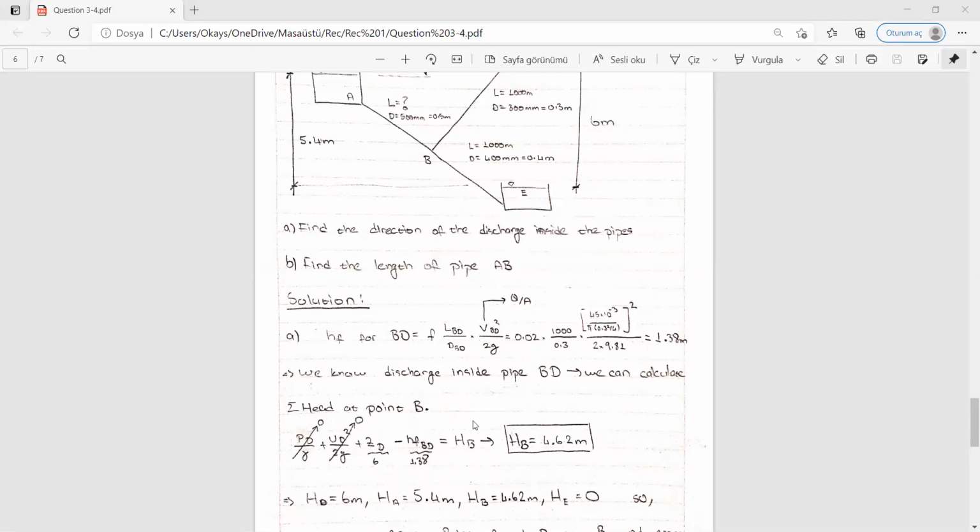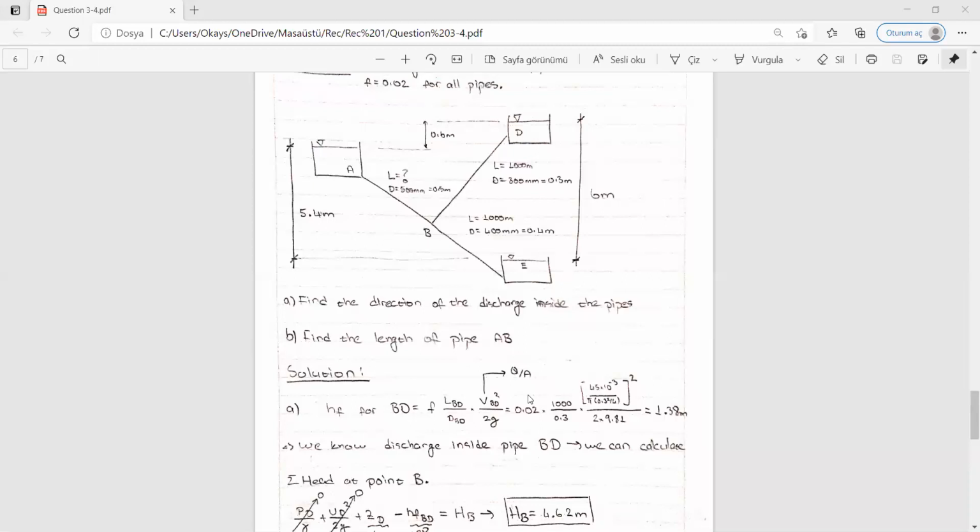And we know the major head loss, so minus the major head loss, and we ignore the minor head losses. So elevation head minus the major head loss, we will get the total head at point B. It corresponds to 4.62 meters. So we found the total head at point B. Now we can decide the direction of flow.